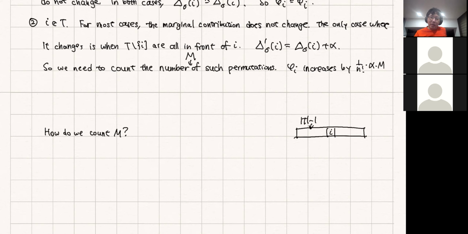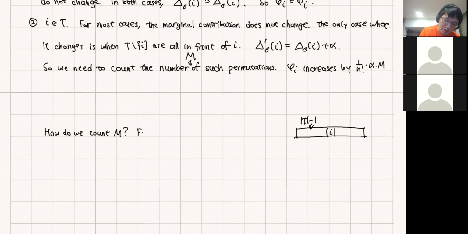So this is where we are going to do some very tricky counting here. The first thing we're going to do is pick where all the elements of t are in this permutation.